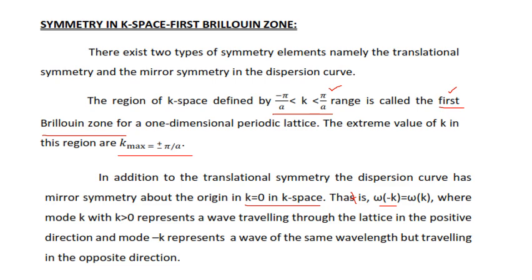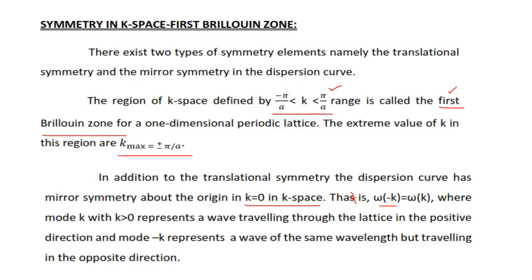So this is the derivation for the vibration of a monoatomic atom in one-dimensional space. What we saw is that when one atom vibrates in a one-dimensional lattice, we calculate the angular frequency omega, and omega is equal to omega max into sine of ka by 2. It is the main equation.